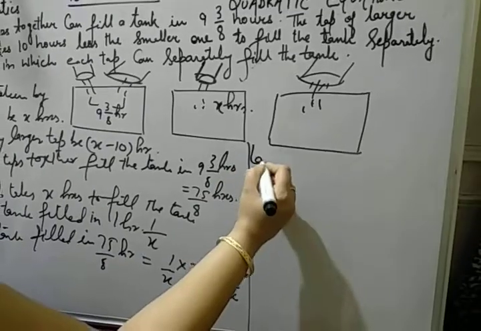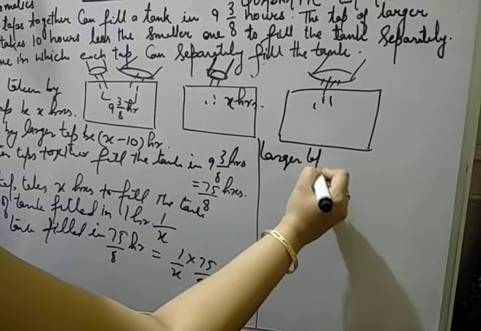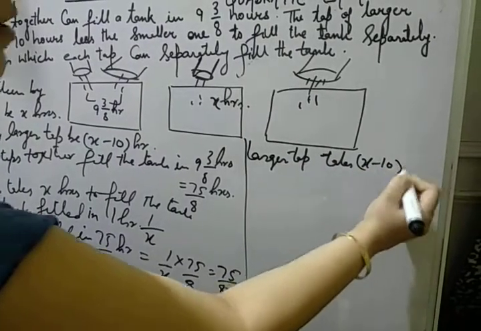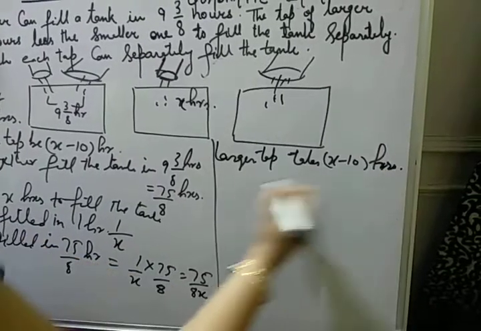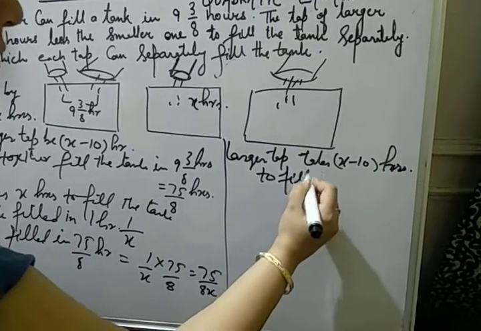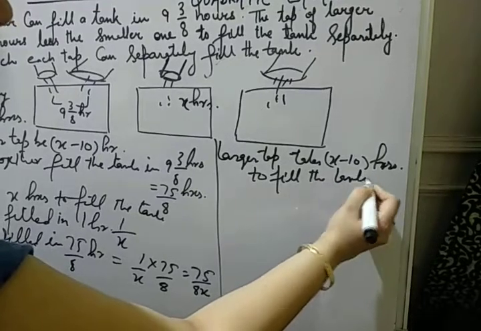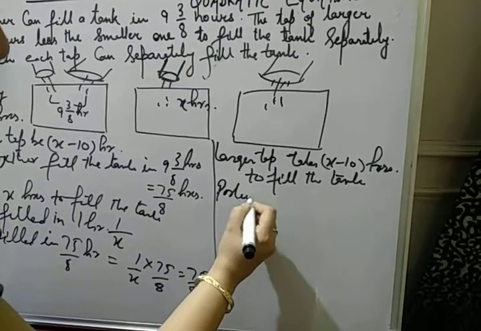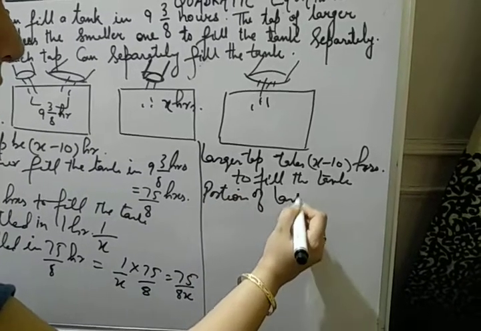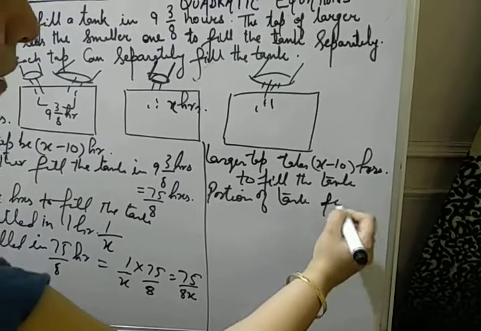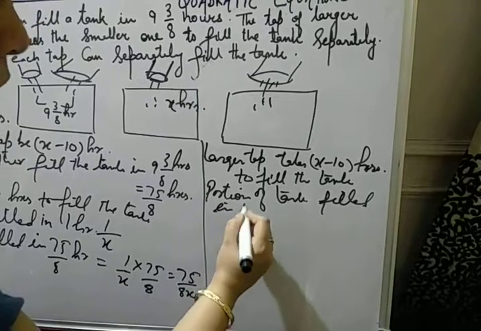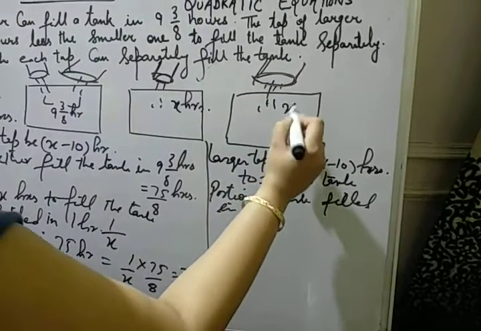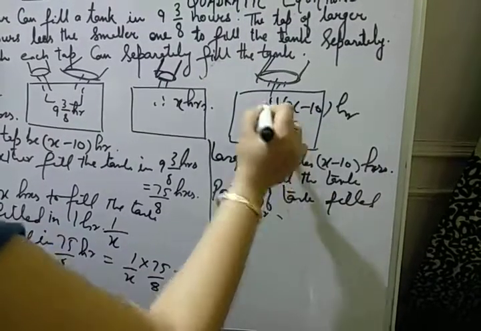Now the second condition; this was the condition of the smaller tap. Again, the larger tap takes x minus 10 hours to fill the tank. So the portion of tank filled in 1 hour means this tap takes x minus 10 hours to fill the whole tank.